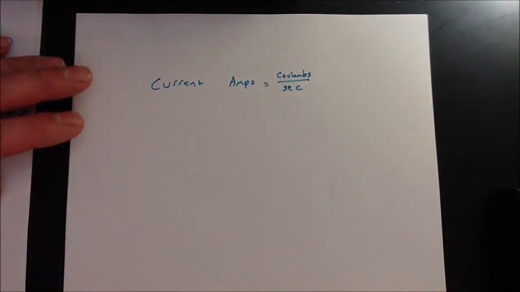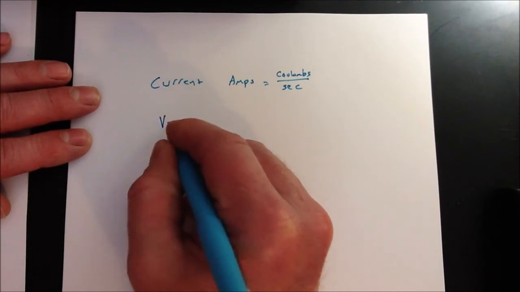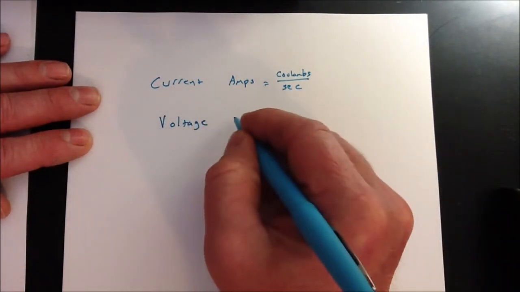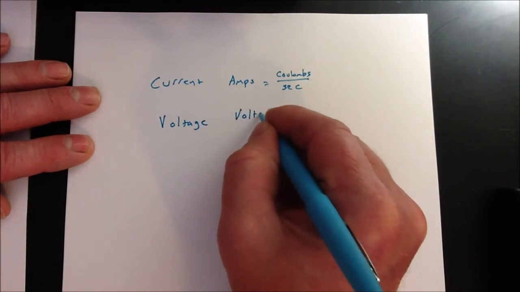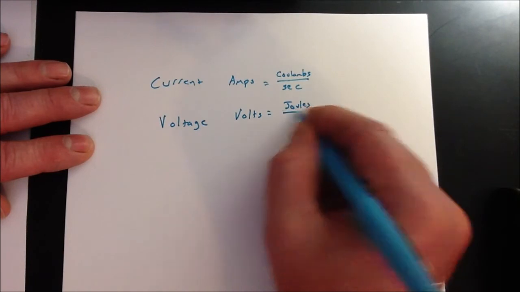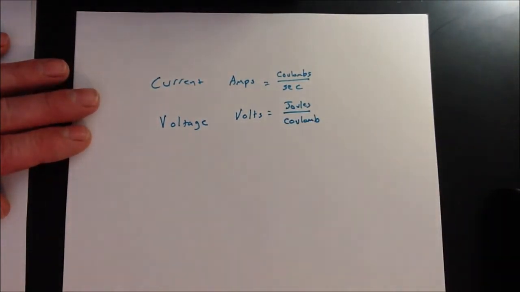On the other hand, another word that we talk about sometimes when we're doing electricity is voltage. I used that a moment ago, and it measures volts, and that's joules of energy per coulomb of charge.